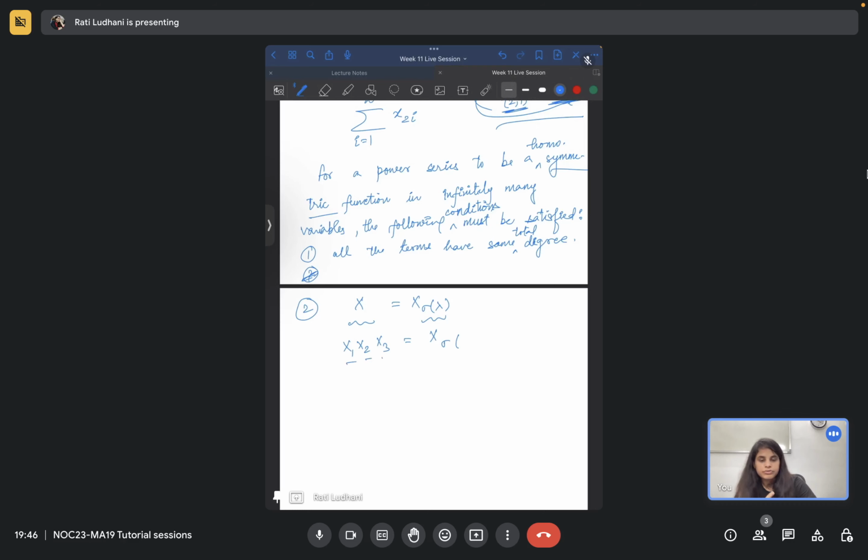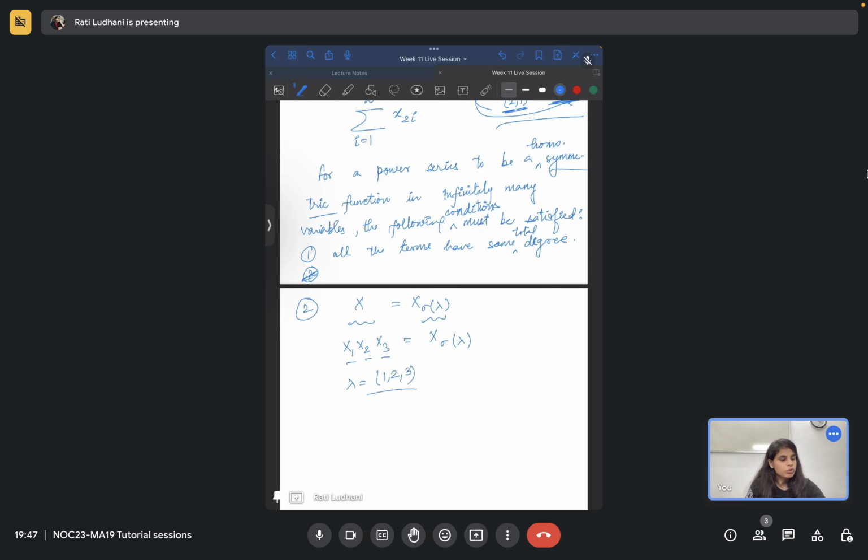Where it goes, that is the main thing. So sigma of lambda, if lambda is equal to 1 2 3, or maybe we can write it as a set. Oh, it's fine, you need to write it in an order.